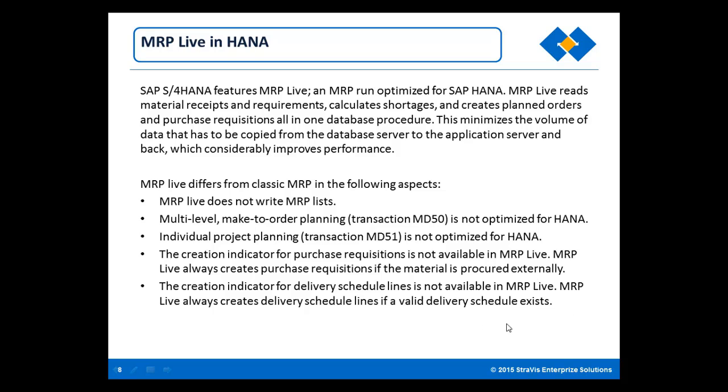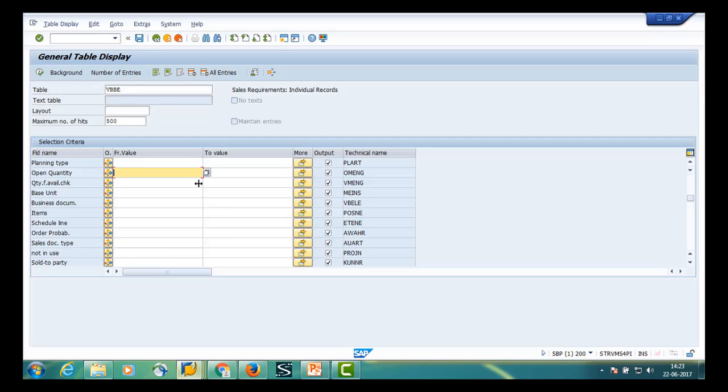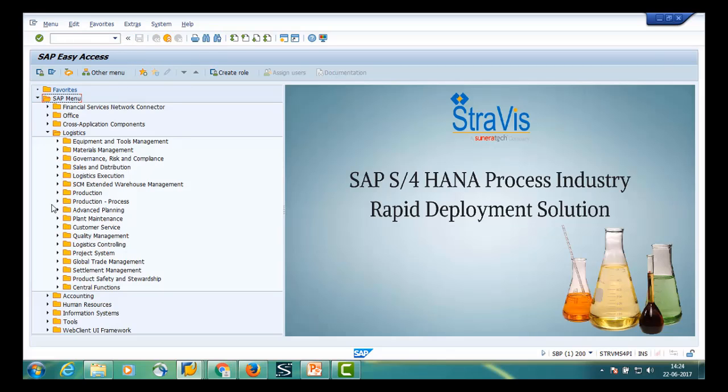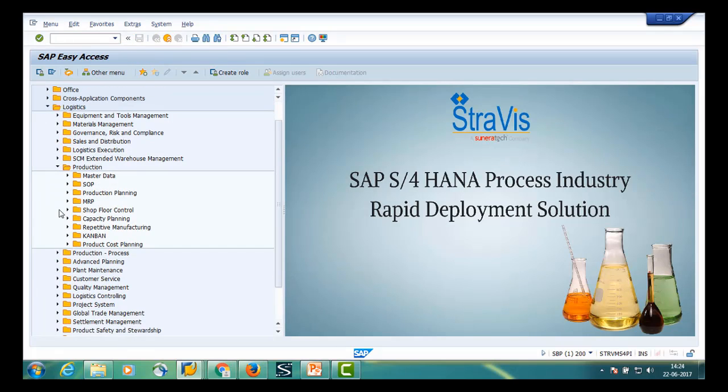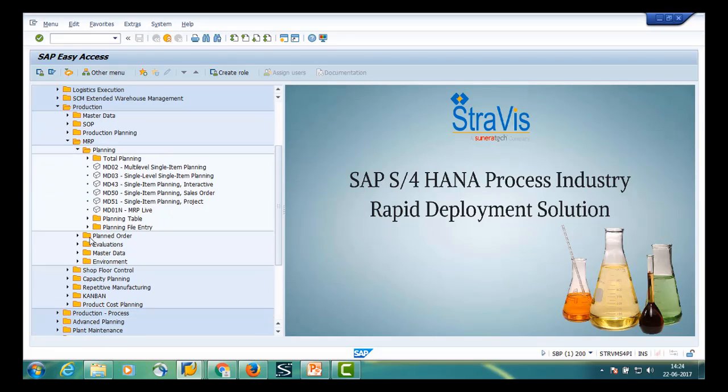So we will see how the screen looks, and we will come to know what it is now. If you get into the main screen, I will show you where the MRP Live button is in case of planning, and here is the new transaction code that is available to run the MRP Live, and the transaction code is MD01N.